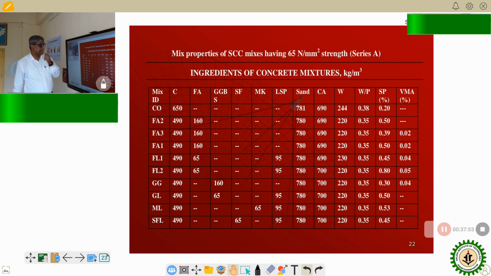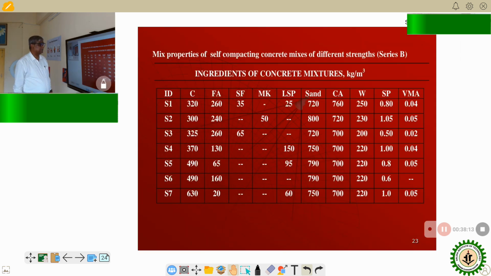And accordingly, everything, then the superplasticizer percentage, then VMA in percentage. So different types of concrete are considered and then tested, and finally you will get the result. This is another series. That was series A, which is series B, another set.